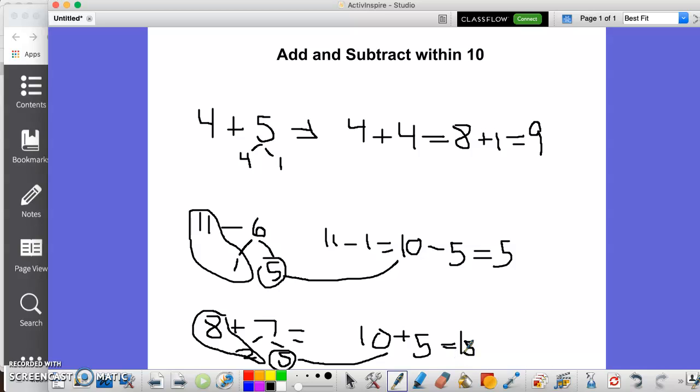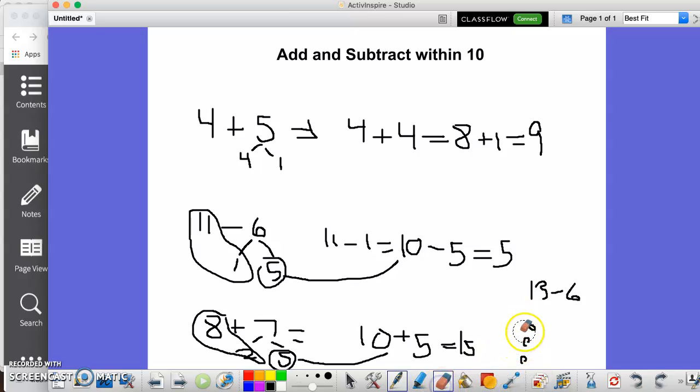Another way to do it is just to draw a picture. So let's just say I had 13 minus 6, and I can draw a picture of that. So I can draw my 13. You know what?